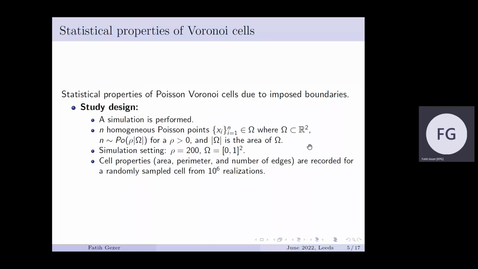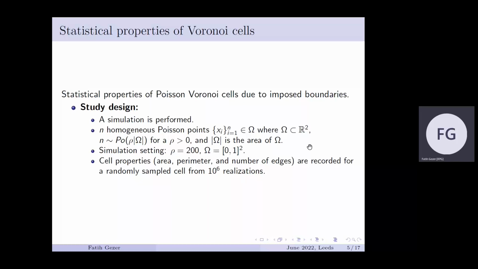I performed a simulation to investigate this. We generate homogeneous Poisson points. That means we are generating a set of points where the number of points is following a Poisson distribution with a positive finite intensity. And then we restrict that region with a boundary, which is a unit square.